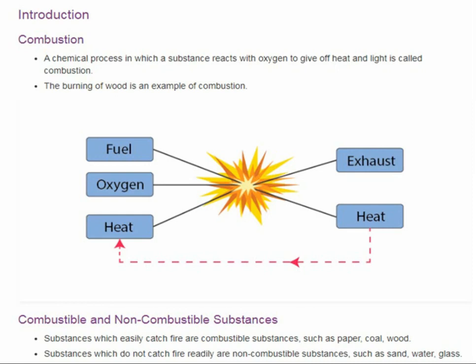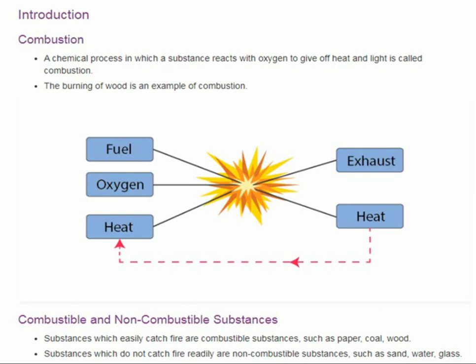Substances which can easily catch fire are combustible substances such as paper, coal, wood, petrol, etc. But the substances that do not readily catch fire are known as non-combustible substances such as sand, water, glass, etc. You have noticed that whenever we burn sand, it doesn't burn, and it does not produce heat or light, so it is a non-combustible substance.